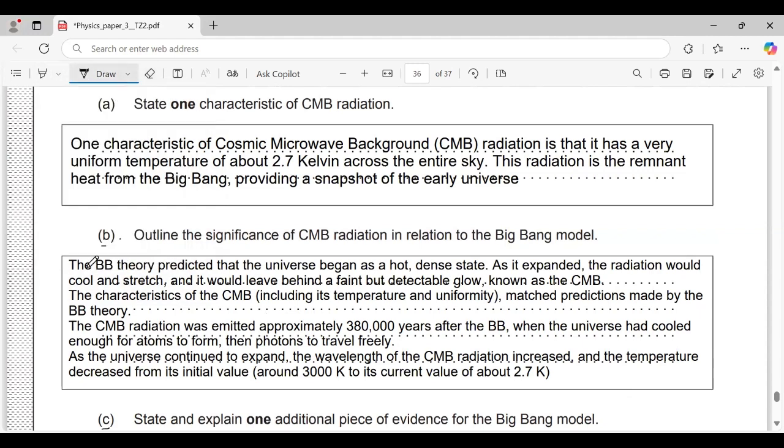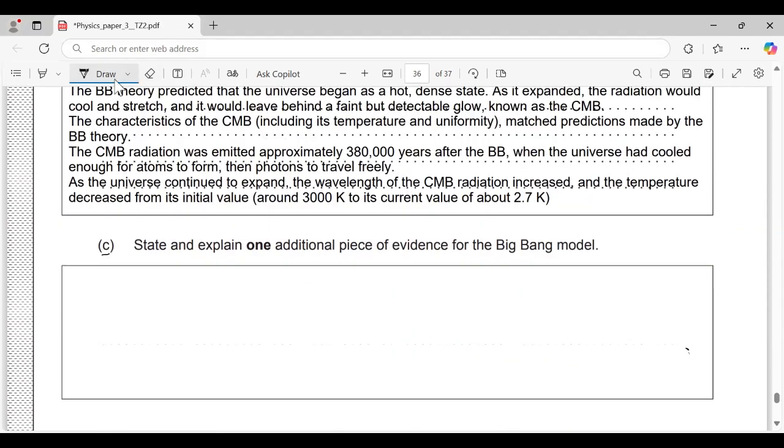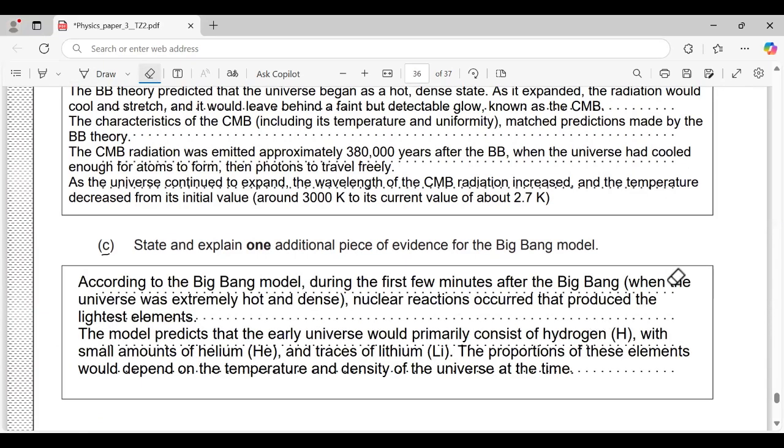If you look here, BB is Big Bang and CMB is cosmic microwave background. Let's continue. Question C, state and explain one additional piece of evidence for the Big Bang model. I have provided this as well. You may copy it or add your own opinion to this brief explanation.